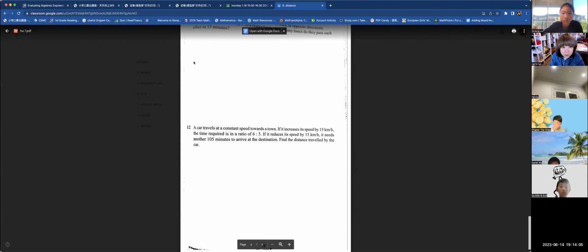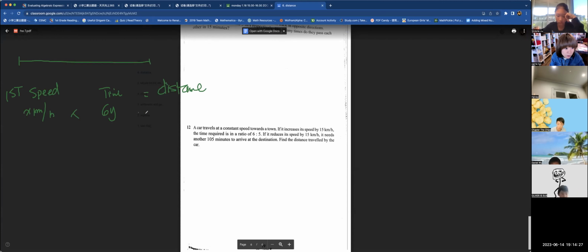So the same. Okay, so the first time I'm using x kilometers per hour, and I'm using 6y time. So this is speed. Because speed times time equals distance, right? So it equals 6xy, correct?